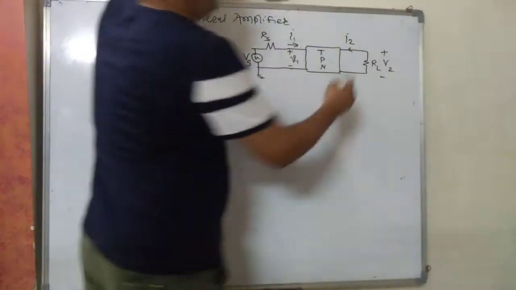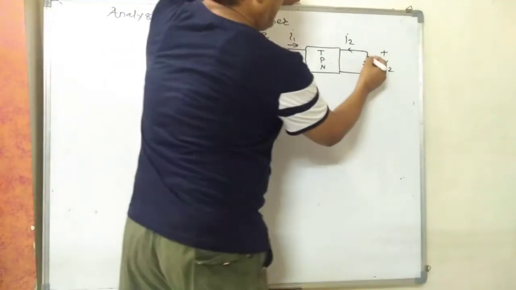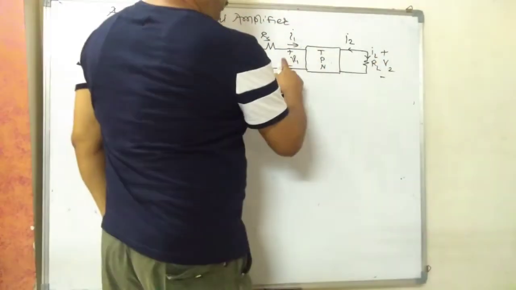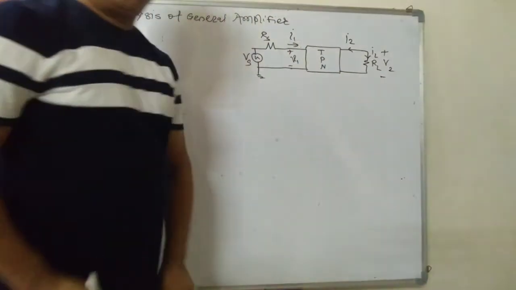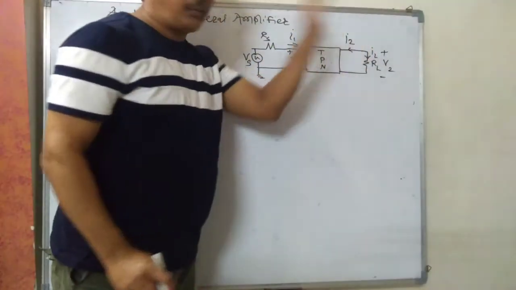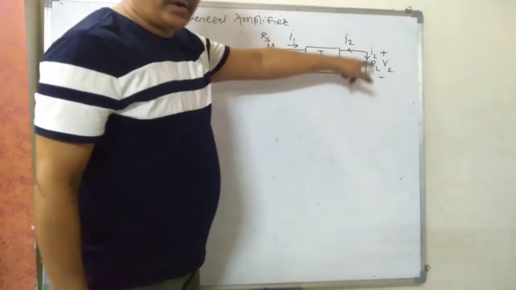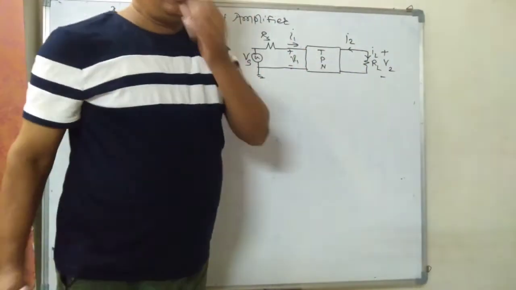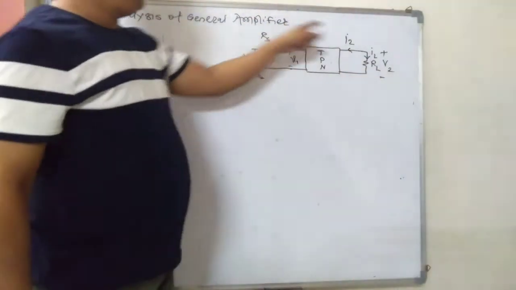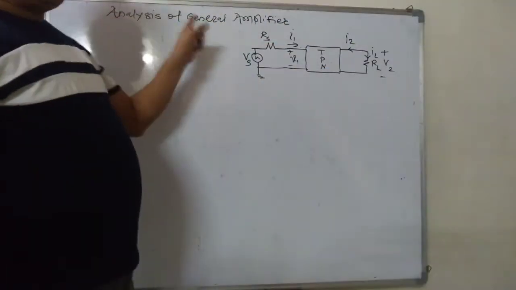I am indicating one additional current: as the load is connected, the current IL. Since I have connected a load, I am indicating the load current through the resistance. So we have to analyze this amplifier.